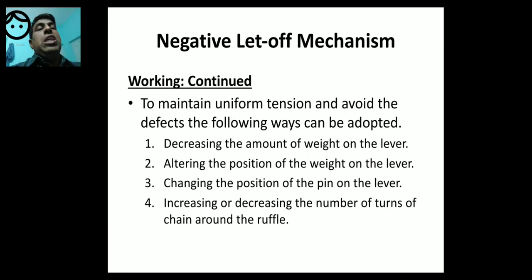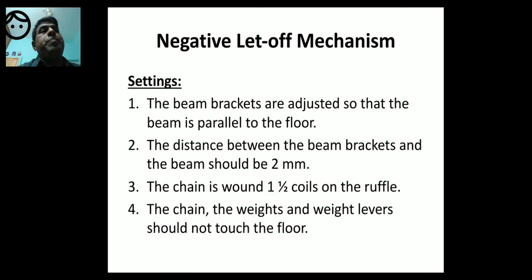So these are the 3 definitions that I told you in the beginning. These are the 4 points that you have to remember during the working of the negative let-off mechanism.